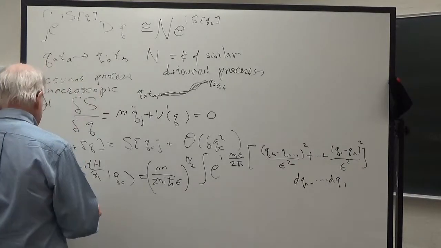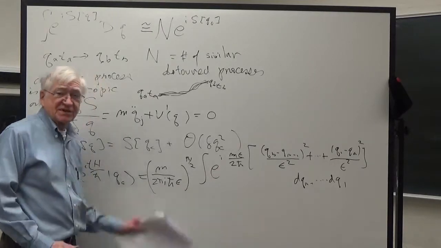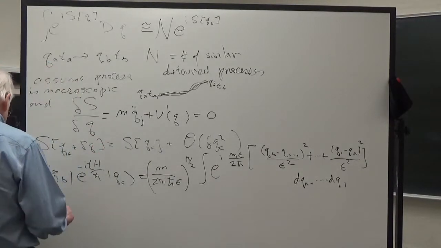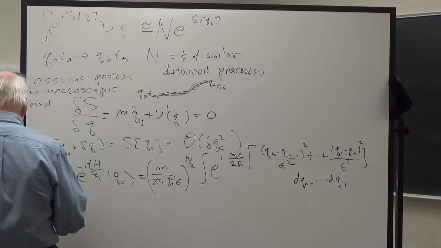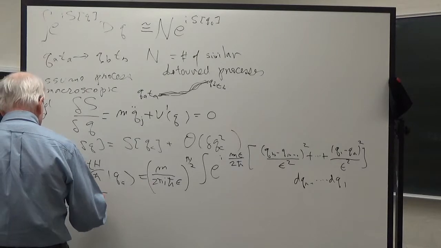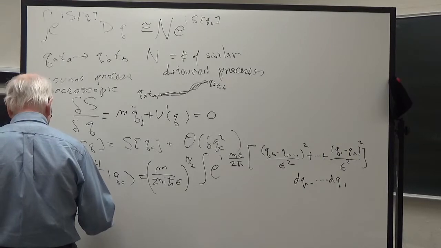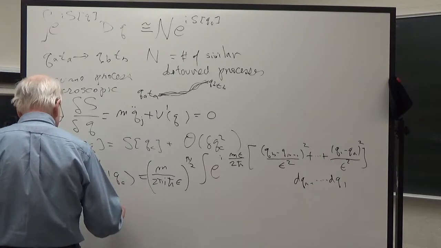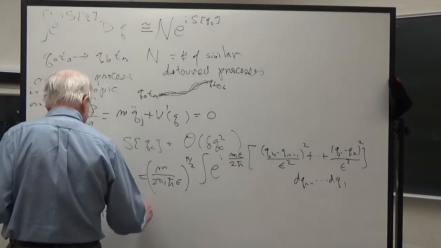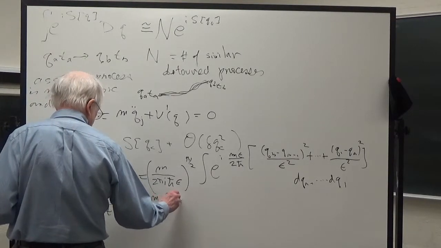What you find is that this is exactly equal to, and if you want, I'll go through the steps, they're in the class notes, which are now voluminous, altogether the square root of m over 2πiħ(TB minus TA), times e to the i m (QB minus QA)squared over 2ħ(TB minus TA).